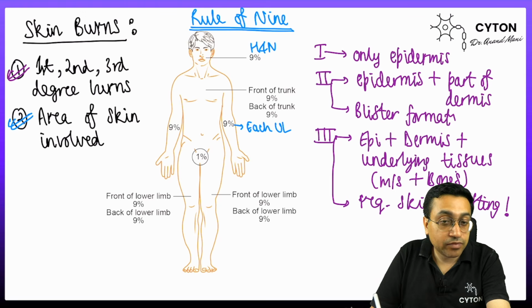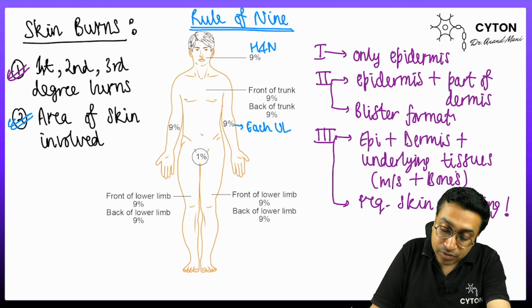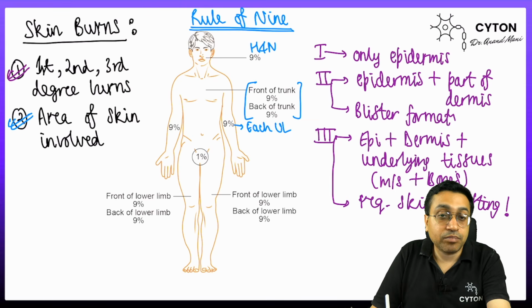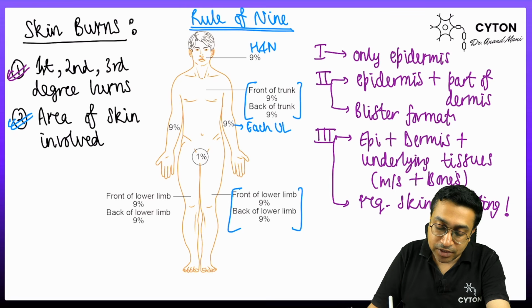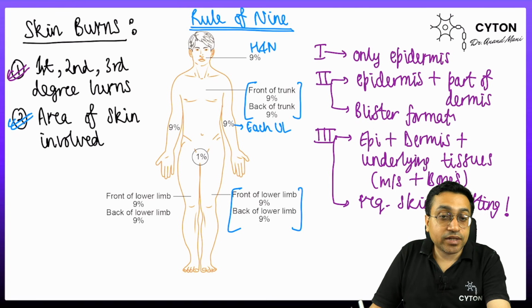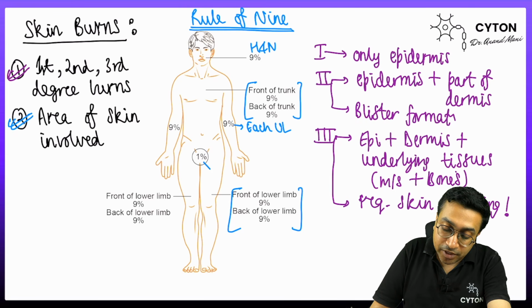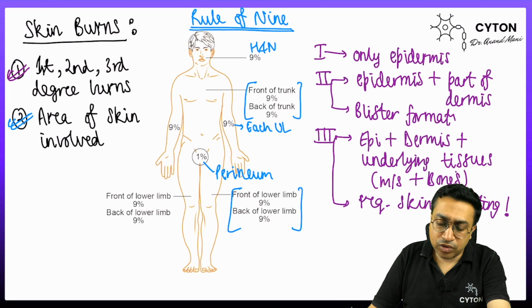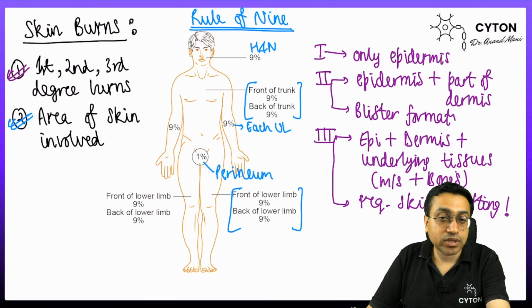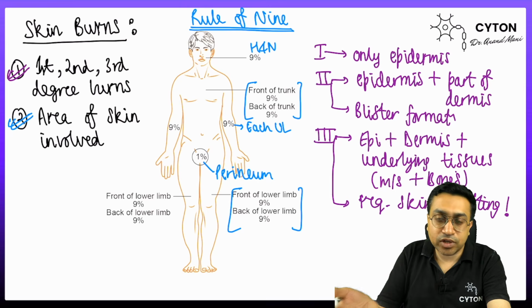Each upper limb is given 9%. Then front of the trunk is given 18%, front and back including, so total 18%. And then each lower limb is again given 18%, front and back. And then the remaining 1% is for the perineum. So that is the rule of 9. So 9% is easy to remember. 9 in front, 9 at the back, so total 18 obviously.